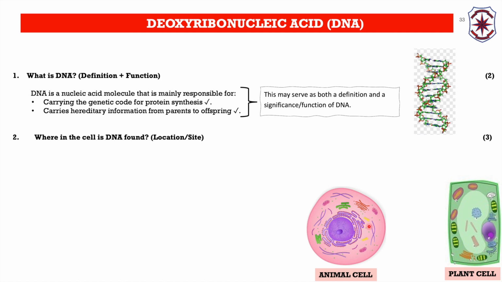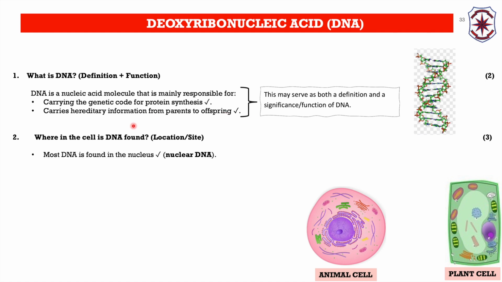So if by any chance you have no idea what we are talking about by the different organelles where we find DNA, please go back to the previous lesson and revise the structure of the cell. It's very important for your grade 12 journey.